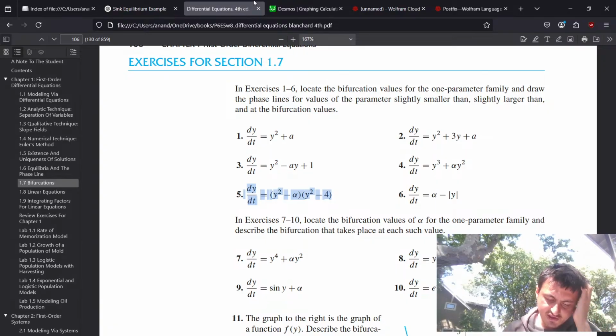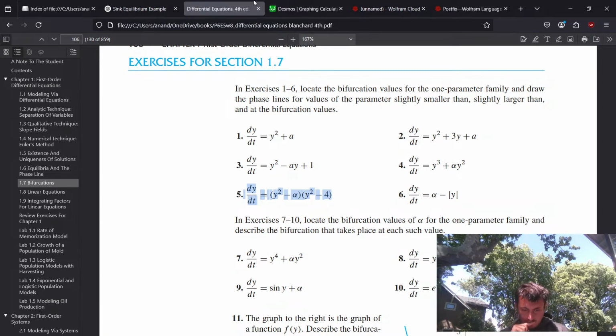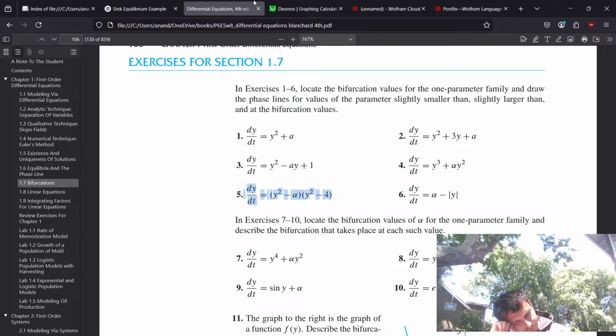Because if we were to just consider y squared minus alpha as the differential equation, the bifurcation would be 0. Wait, actually though, I don't know.